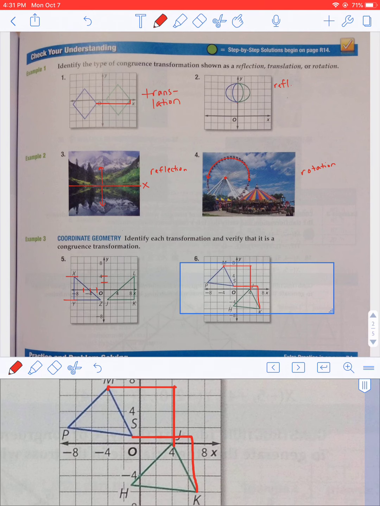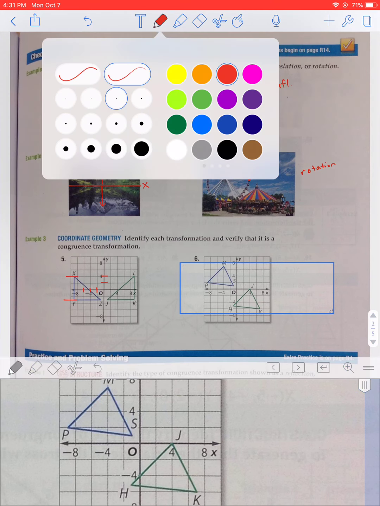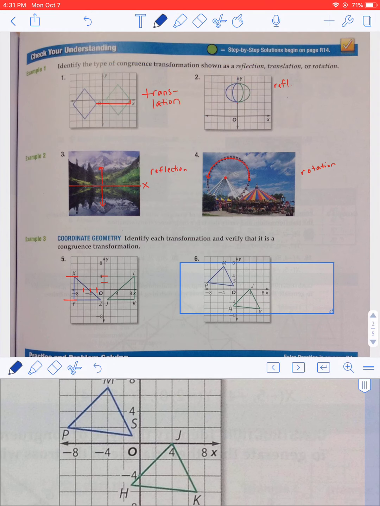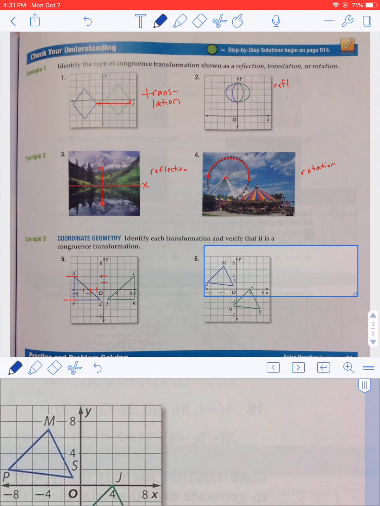So how I'm going to do that, I'm going to do distance formula. So let me erase this stuff. For time's sake, I'm going to do a few of these, the distance formula, okay? And I'm going to state it there, and then you just need to finish it out. But here's the distance formula.